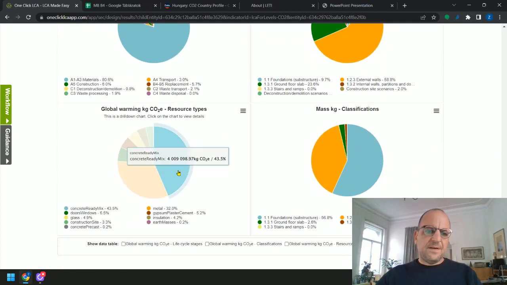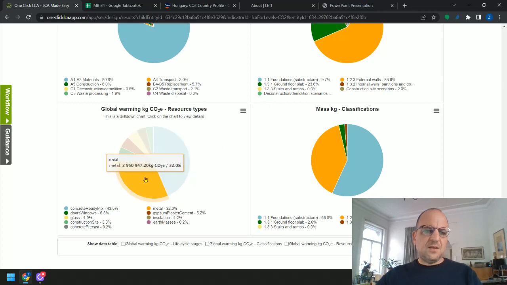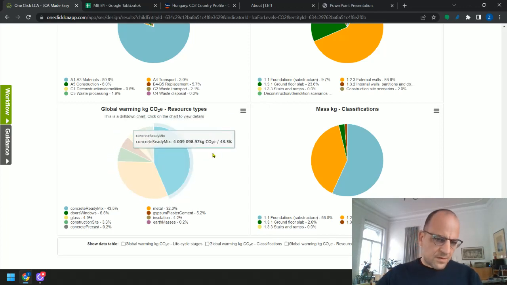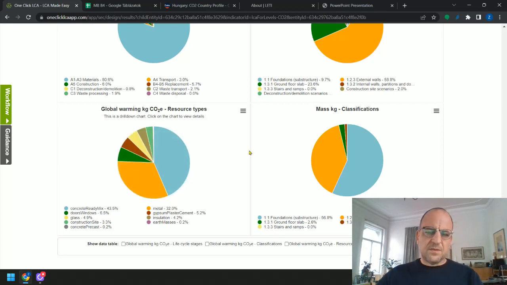And here, again, the contribution of different materials: concrete and metal, the reinforcement, account for over 80% of the total amount. So it's just a large part.